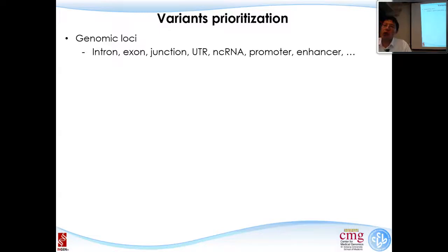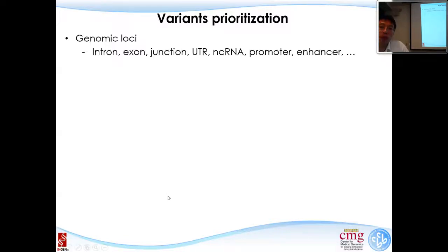When you do variant prioritization, there are several different levels. The first one is variant annotation. What that means is I need to know where the variants are. Is that in the coding region? Is that in the intron? Is that in the exons? Is that in a junction?